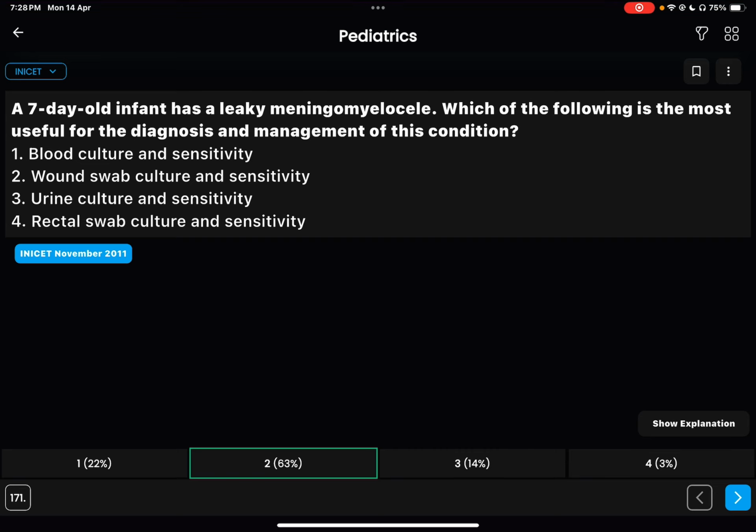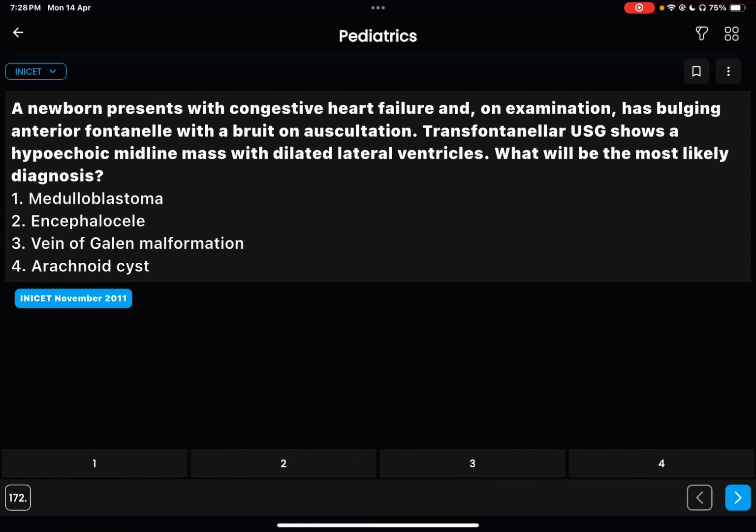Wound swab culture and sensitivity. Guess vein of Galen malformation.